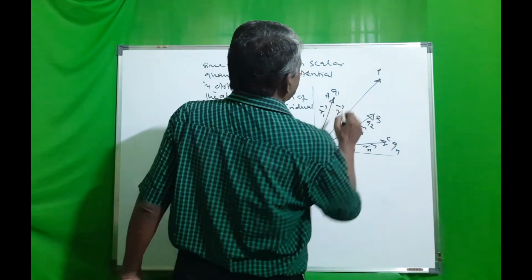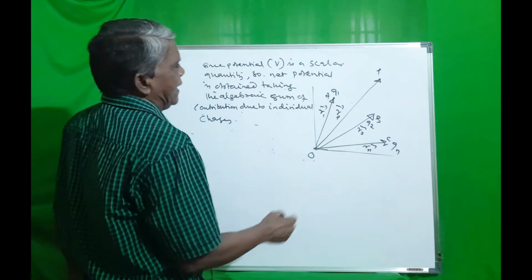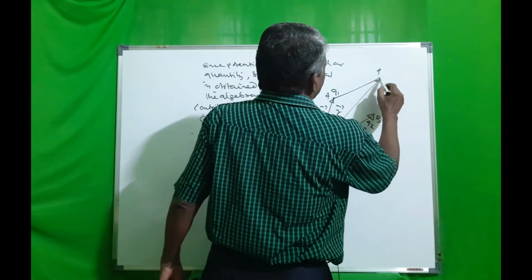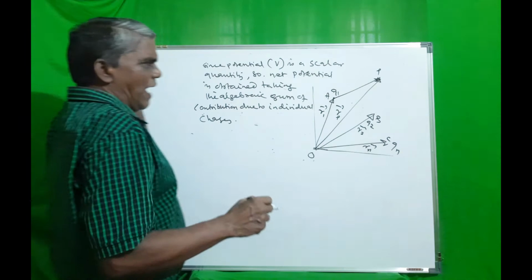Now, due to q1 at A, the position vector or displacement to P is rp1.